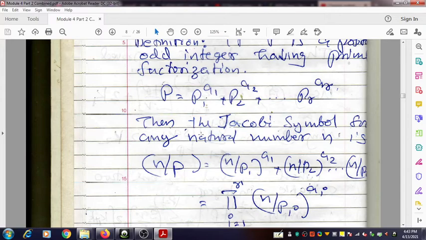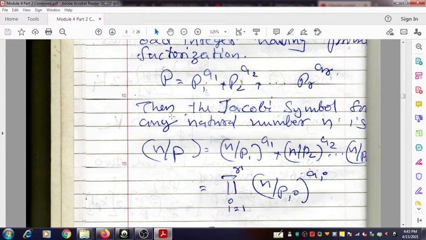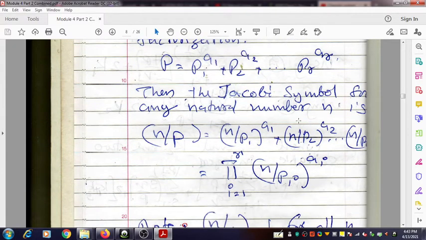Then the Jacobi symbol of that natural number with respect to the given odd number is defined as given here. (n bar P) is the Jacobi symbol, where n is any given natural number.